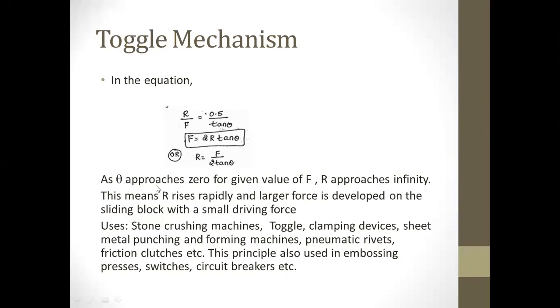As theta approaches 0, what will happen to tan theta? Tan 0 will be 0. So for this, the R value approaches infinity. As theta approaches 0, the reaction force R approaches infinity.